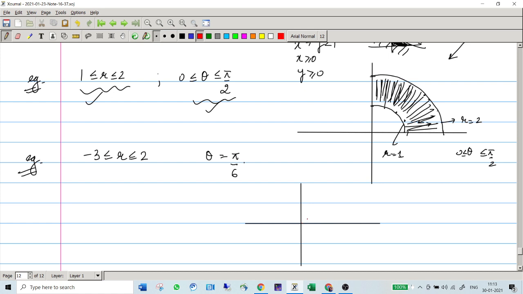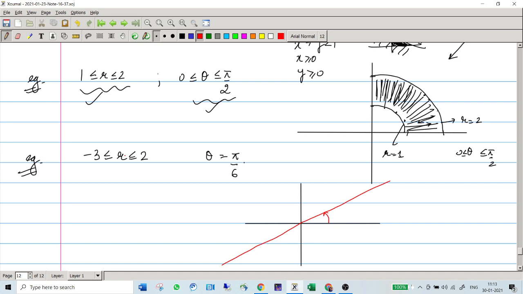Firstly, we'll check what direction is there, and direction is judged by theta equal to pi by 6. So you'll travel pi by 6 radians from the x-axis to know the direction of your graph.